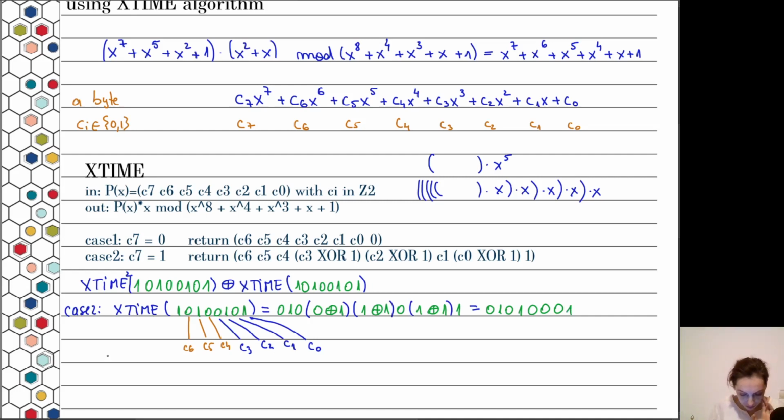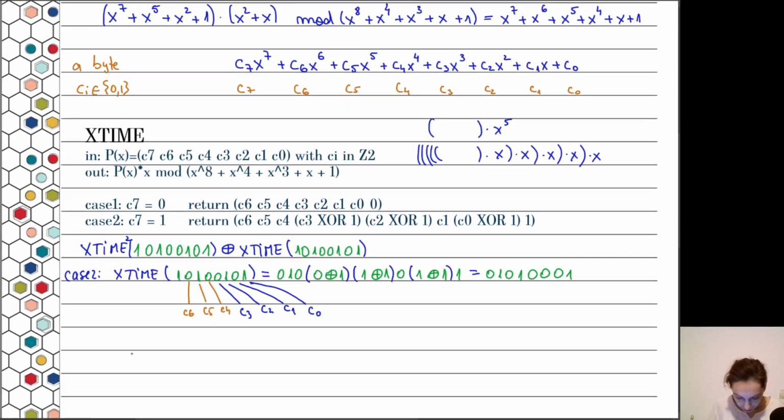Now we have to compute XTIME powered by 2, and of course our input is 1 0 1 0 0 1 0 1. That's our input, and this will be equal to XTIME by XTIME by our polynomial 1 0 1 0 0 1 0 1.